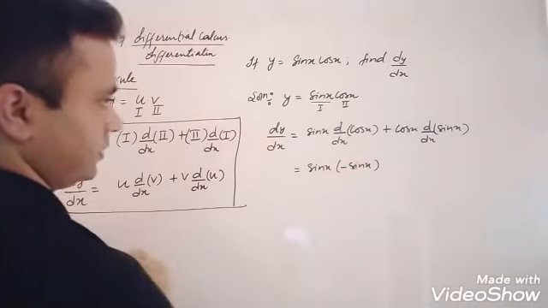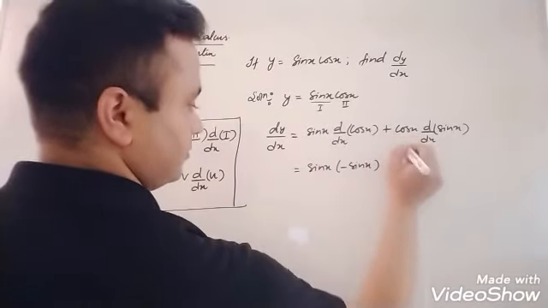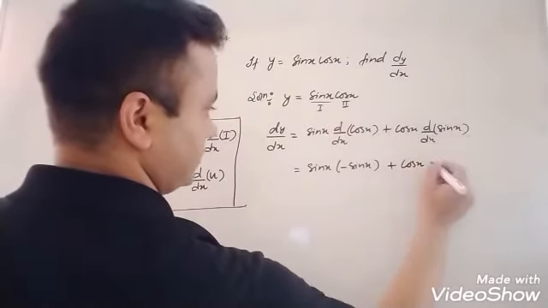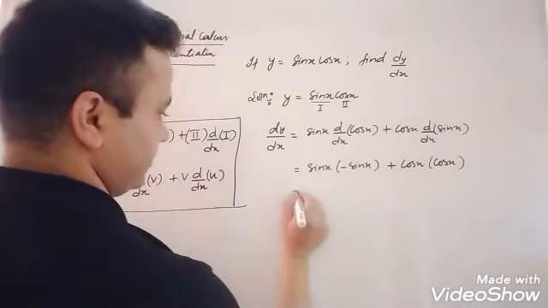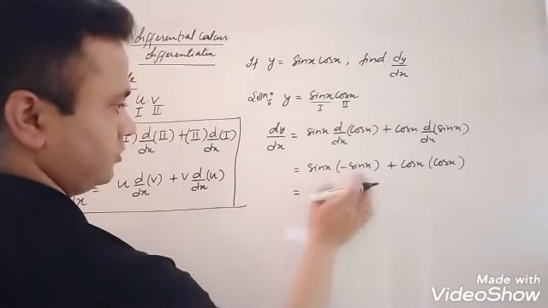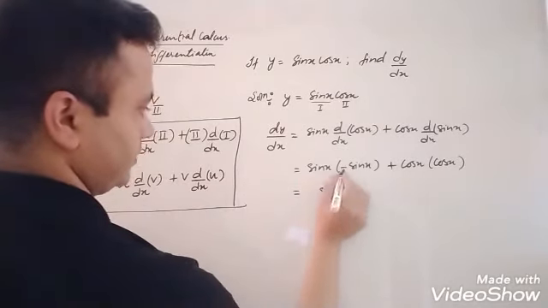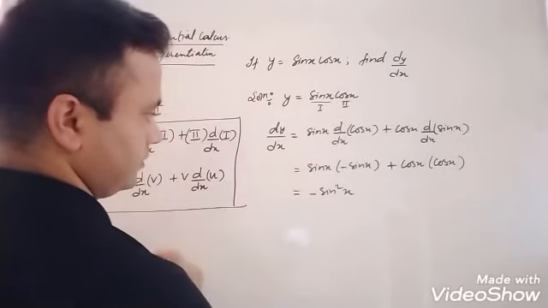Now see the formula. Follow the formulas. Cos x is cos x. Now what is the differentiation of sin x? d/dx of sin x is cos x. After that multiply. Sin x into sin x is sin square x, and plus into minus is minus, so here is a minus sign.